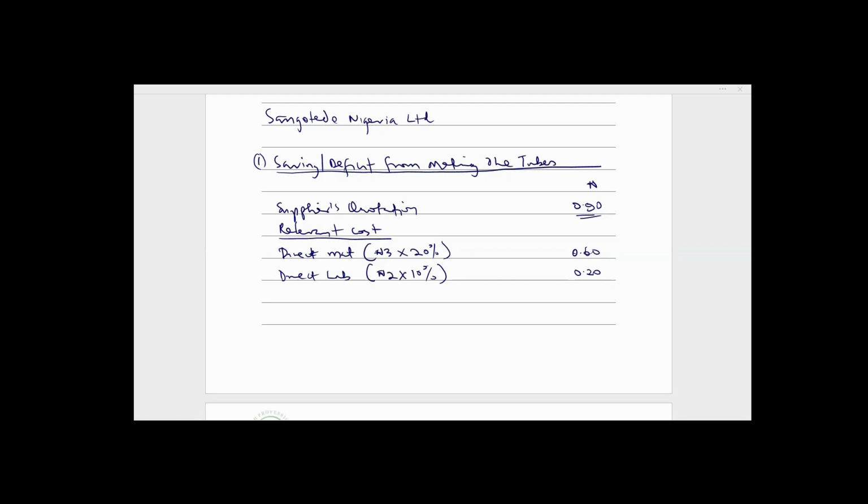There are 2 types of overhead. Only the variable overhead is relevant. The fixed overhead is not relevant because whether you undertake the course of action or not, you are going to incur your fixed overhead. That's why only the variable overhead is relevant.